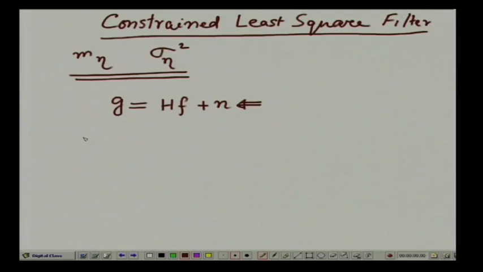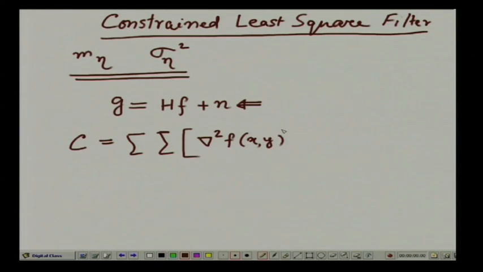So, our optimality criteria in this case is given by C equal to double summation del square f x y, squared, where y varies from 0 to capital N minus 1 and x varies from 0 to capital M minus 1.